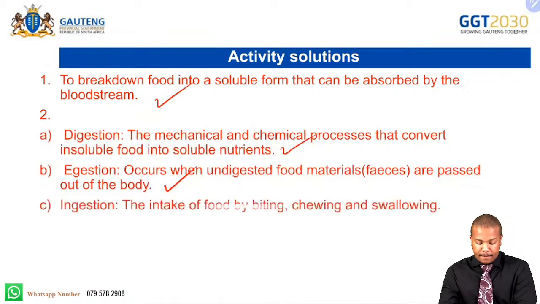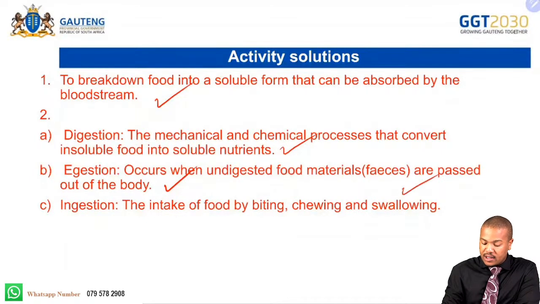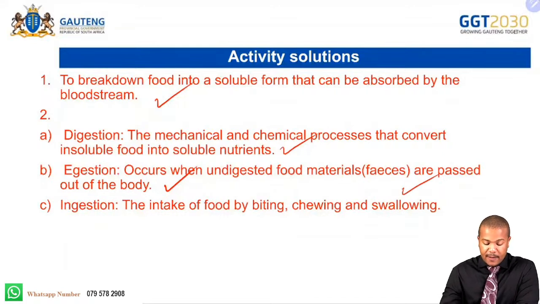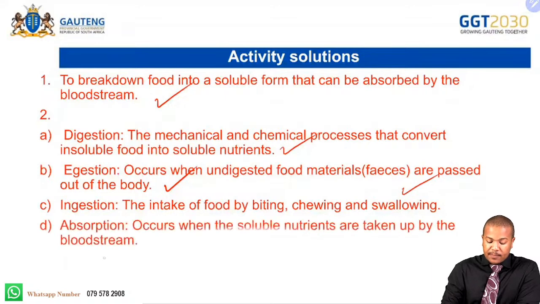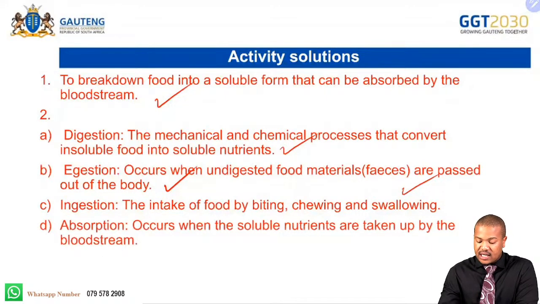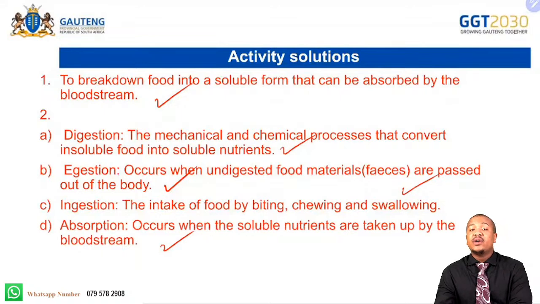Then C is ingestion, the intake of food by biting, chewing, and swallowing. Then D, what process takes place? Absorption. It occurs when the soluble nutrients are taken up by the bloodstream. Now, let me give you another quick 2 minutes to copy down the corrections.